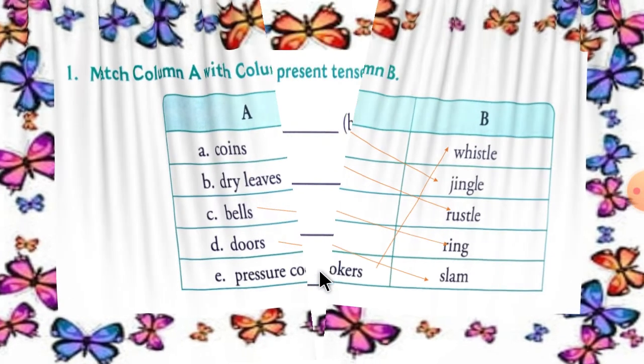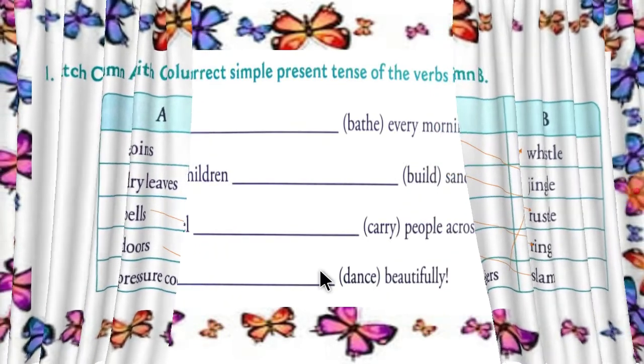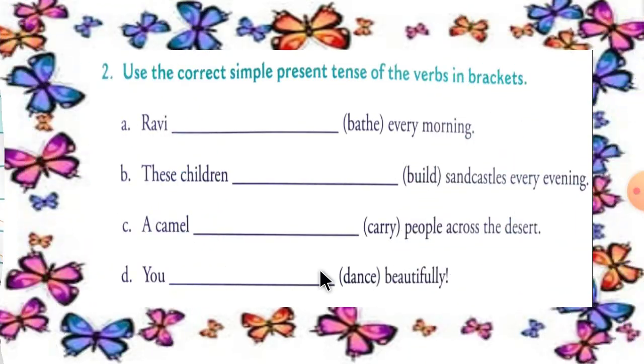So now let's see the next exercise, that is exercise number 2. Use the correct simple present tense of the verbs in brackets. So let's see.